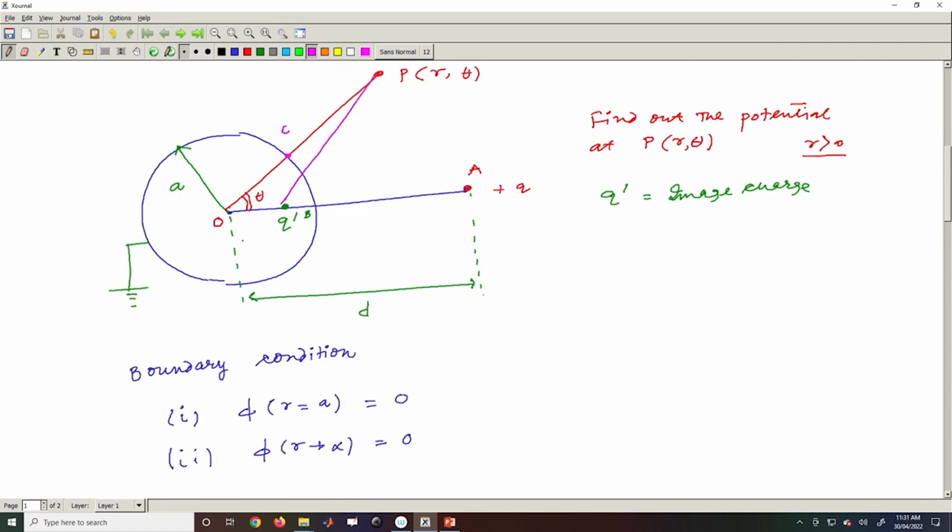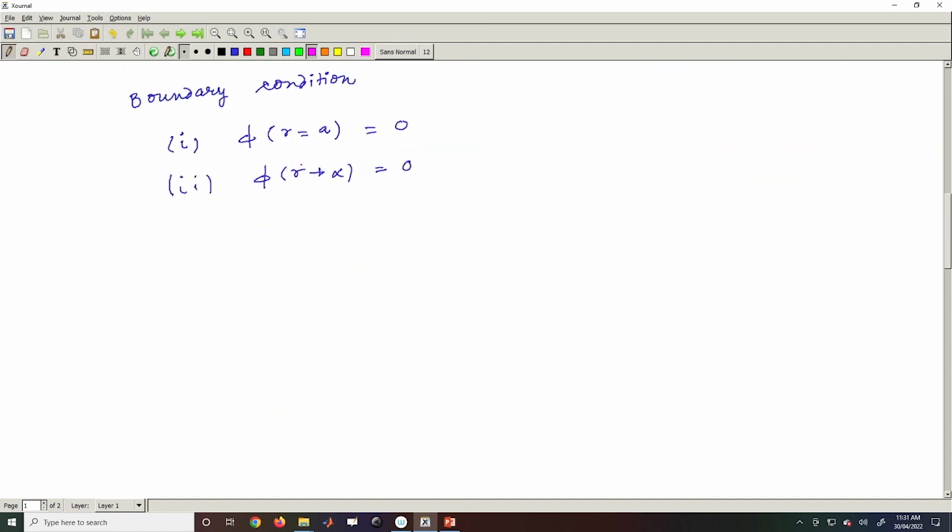Suppose from here to here this distance is d prime, and this d prime we need to evaluate. So I just joined the point Q to P, and over this we have a C, and over the C the potential is 0. So let us now write one by one. What should be my phi at r equal to A, due to the plus charge Q and Q prime?